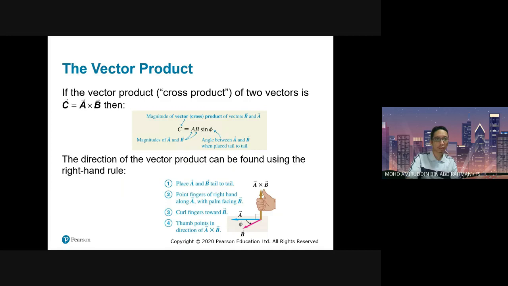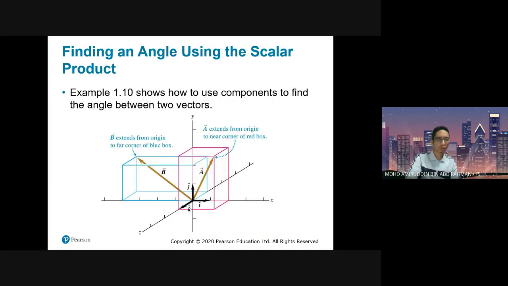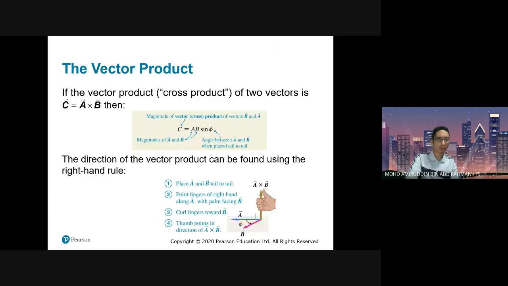Now we are entering the vector product. When we are multiplying two vectors, we are actually finding the product of vectors. There are always only two cases: it is a scalar product or the vector product.